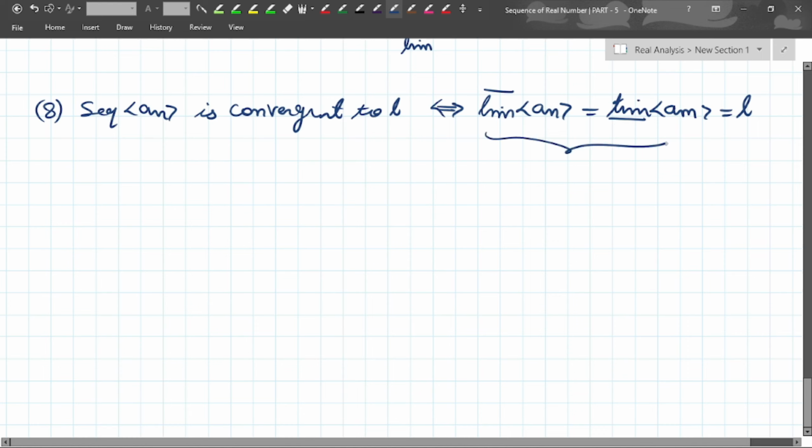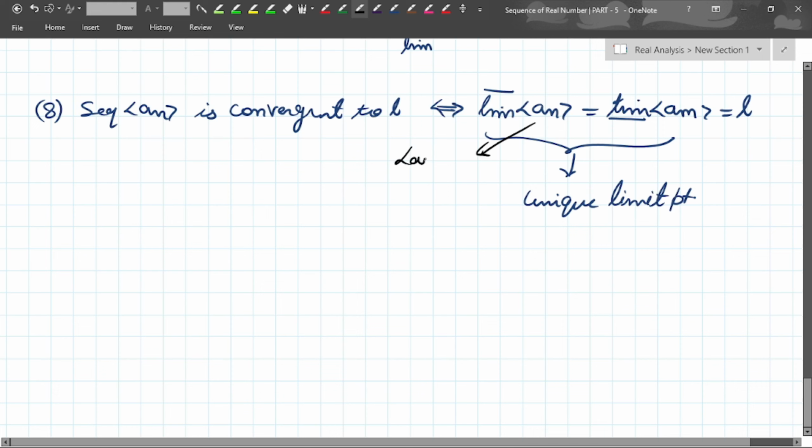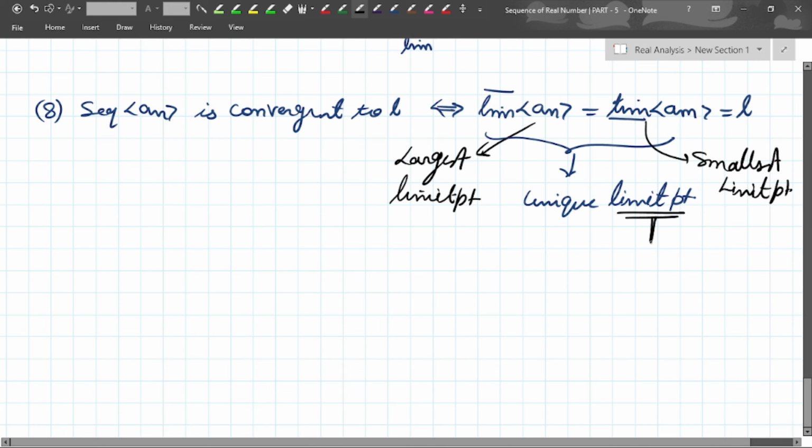The limit superior is the largest limit point and the limit inferior is the smallest limit point. If they are the same, it means a unique limit point. If there exists a unique limit point, then my sequence will be convergent only. That's the simple concept.